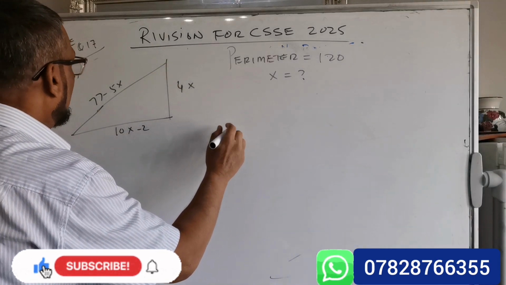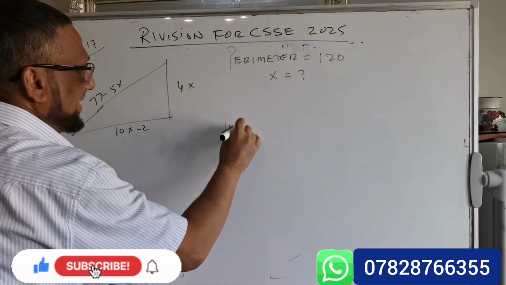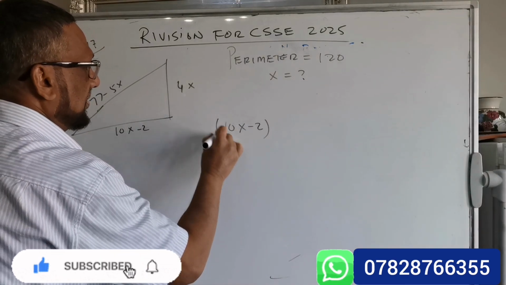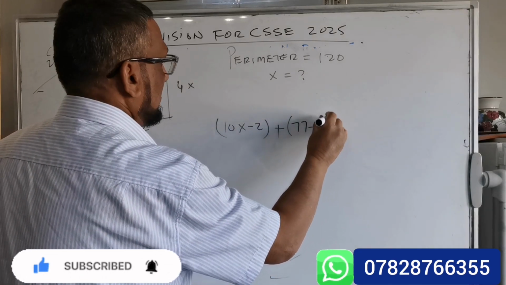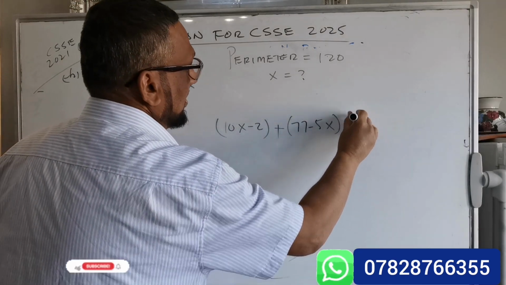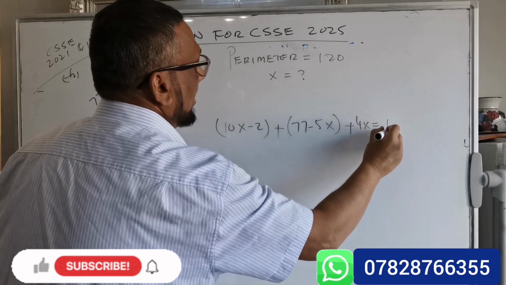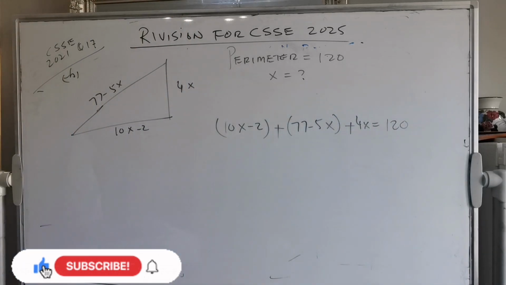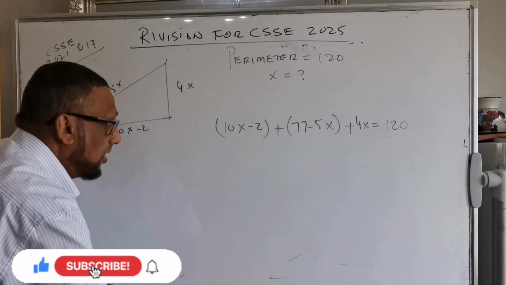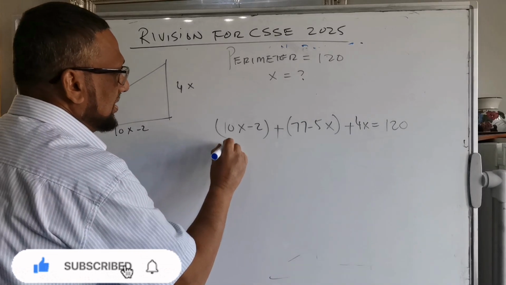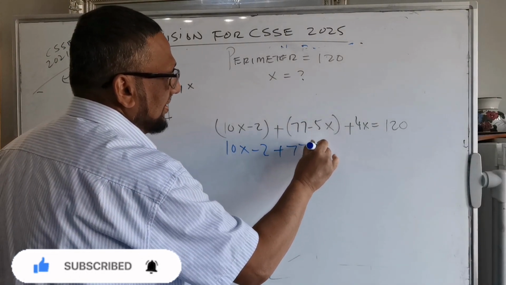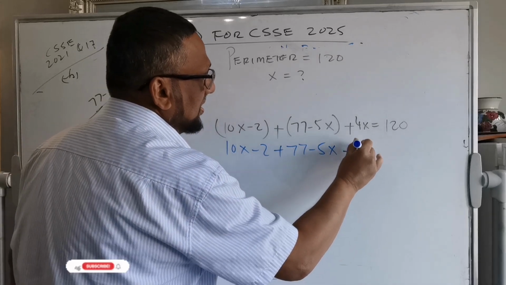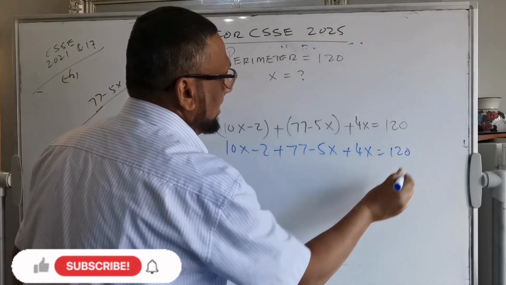So very simple, what you're going to do is simply write 10x minus 2 in brackets, plus 77 minus 5x in brackets, plus 4x equal to 120. Open the brackets: 10x minus 2 plus 77 minus 5x plus 4x equal to 120.